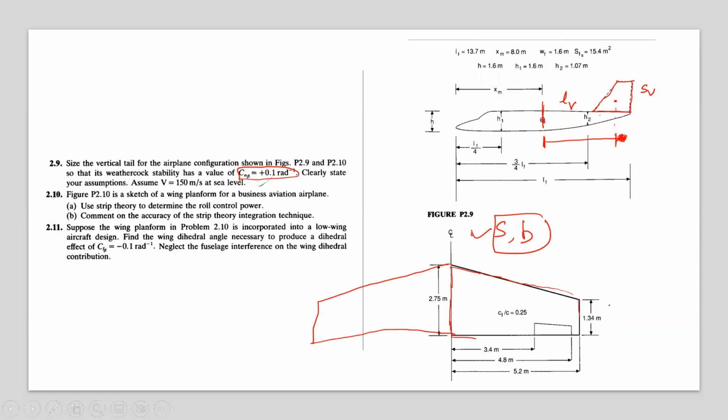Sir, for S, we can divide the wing into one rectangular and one triangular part. The rectangle has a length of 5.2 meter and breadth of 1.34 meter. All right. So you mean to say this, is it? Yes, sir. Okay. So this is the triangle. Sir, we may use the area of trapezium formula also. Yeah, that's better actually.